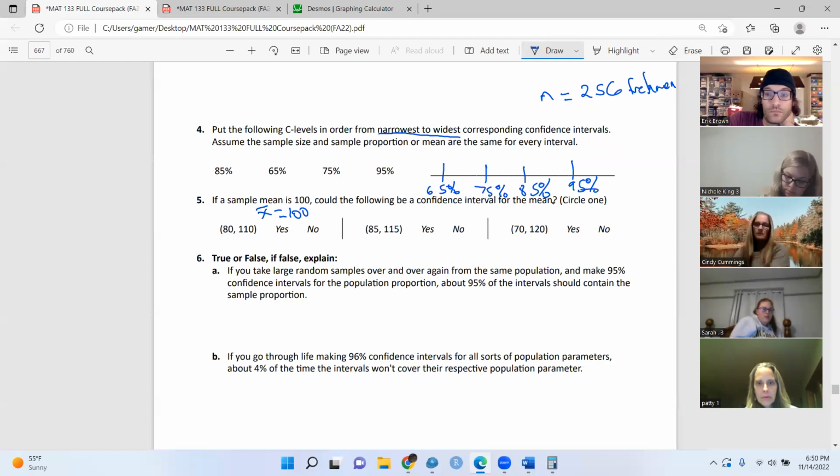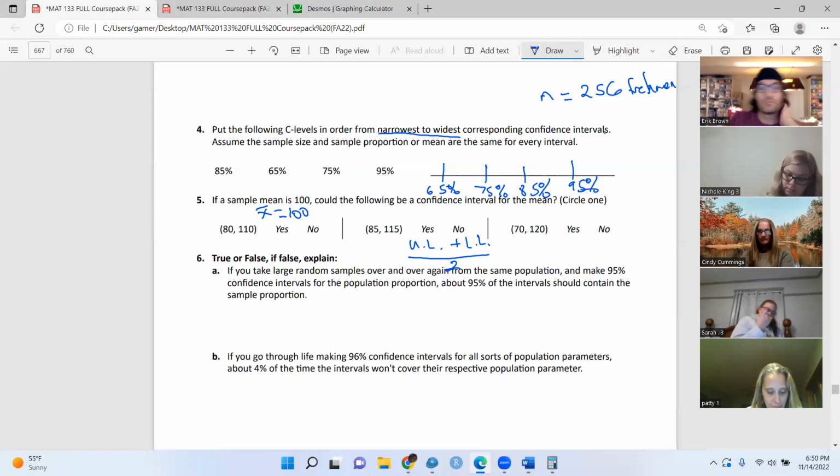Has to be 100. Good. Now, while you're thinking about that, did you remember the formula? Did you remember that you could calculate the point estimate from the confidence interval by using this formula? Go. 2 minutes. Set a timer for 2 minutes.